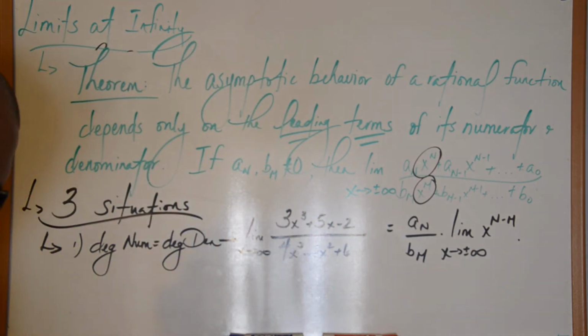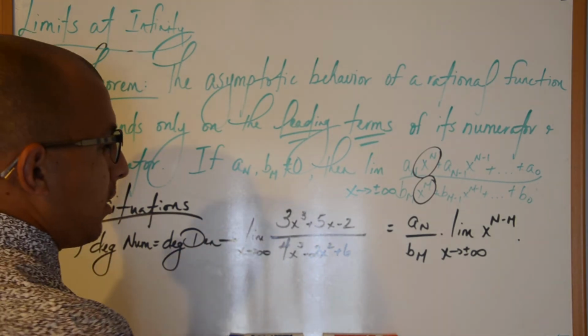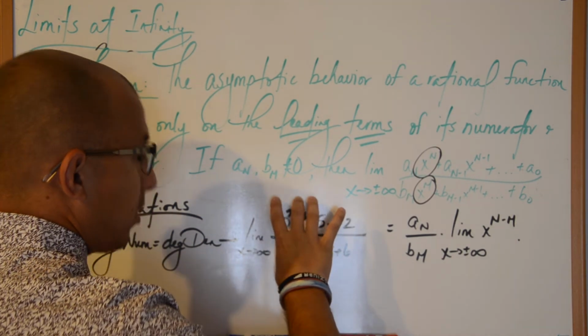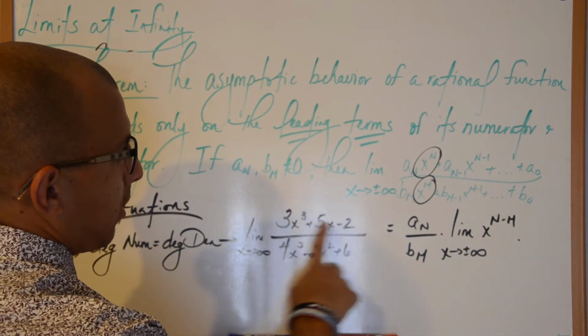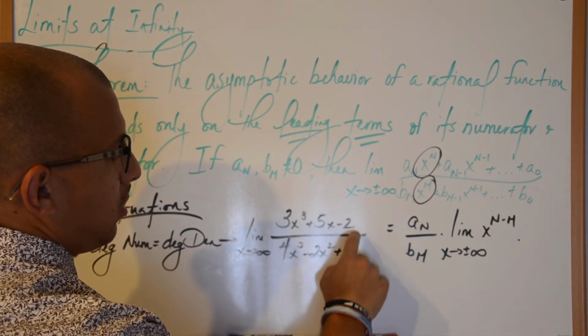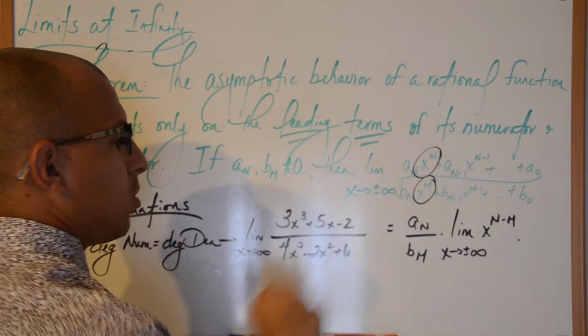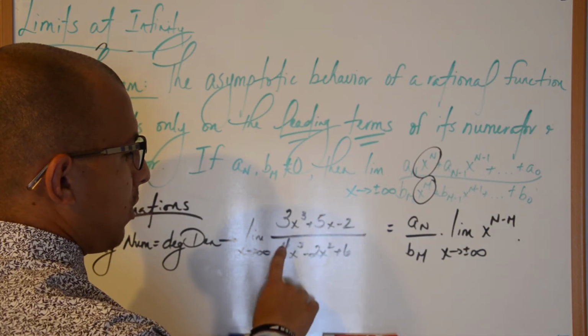Okay? So we're really just focused on what is happening with the leading terms, right? Because if we applied that division by the highest degree, if we divide out everything by x to the third, these terms here would reduce to zeros.